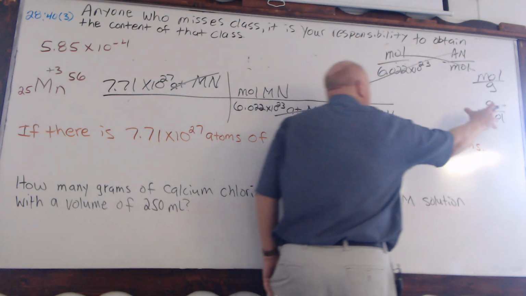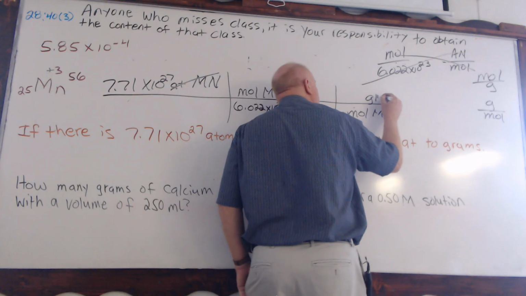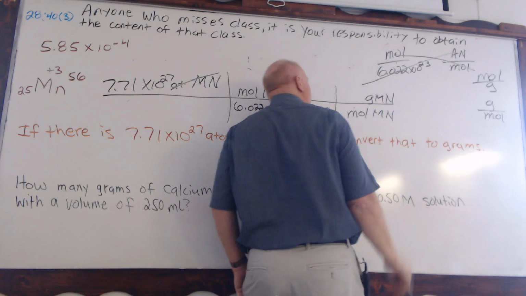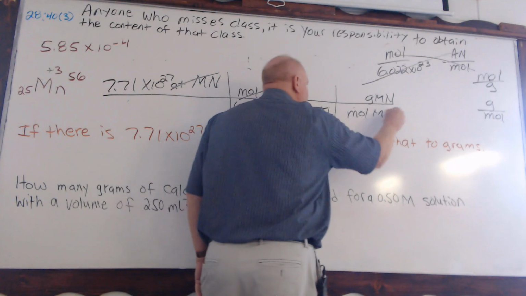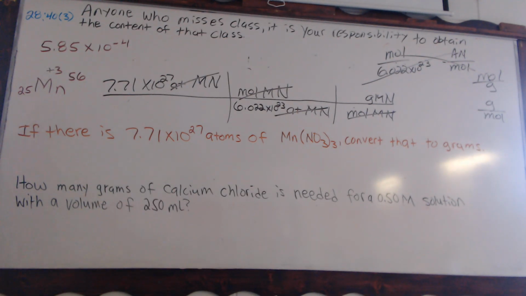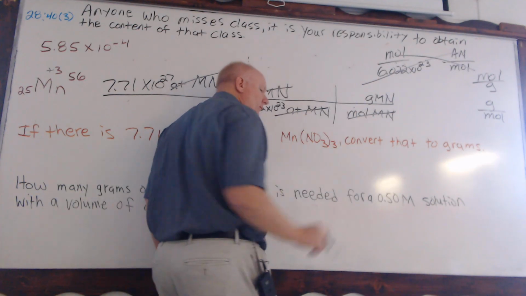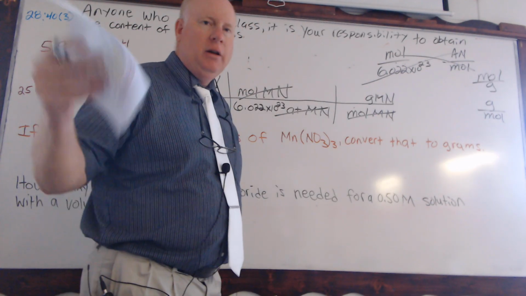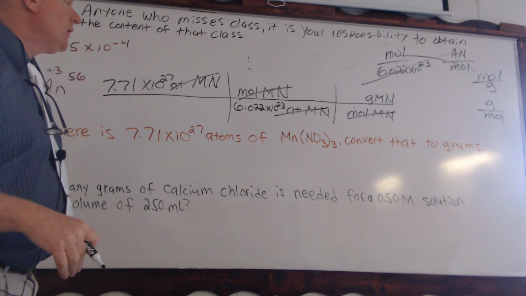And then here's your conversion factor. Grams of manganese nitrate. So these have canceled. Then we have to have a number for this manganese nitrate. How do we come up with a figure for this? Yeah, that's where your periodic table is utilized.